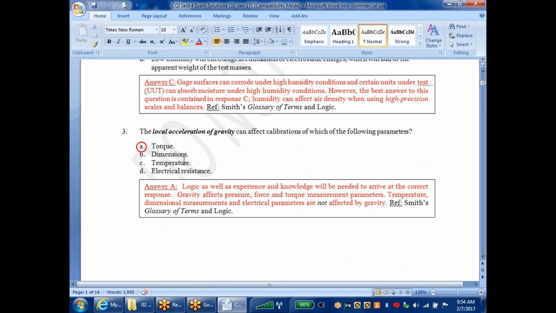Three, the local acceleration of gravity. Local acceleration of gravity is affected by geographical location, so it depends on where it's located. The local acceleration of gravity can affect calibrations of which of the following parameters? Gravity affects pressure, it affects force, and therefore it affects torque. So this question could show up on the exam.